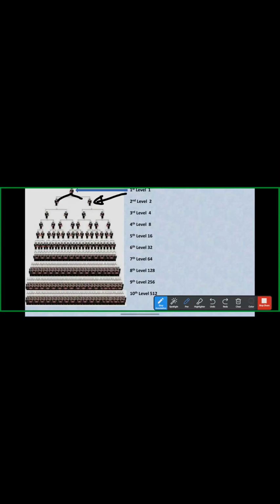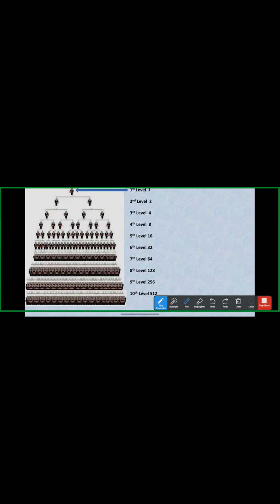Sawa sawa. Umeconnect A and B. Hawa ni first level yako. This is your first level. Hawa wakiconnect these other guys, this becomes your second level. This becomes your third and fourth and fifth and sixth and seventh and eighth and nine and hivyo hadi mwisho.